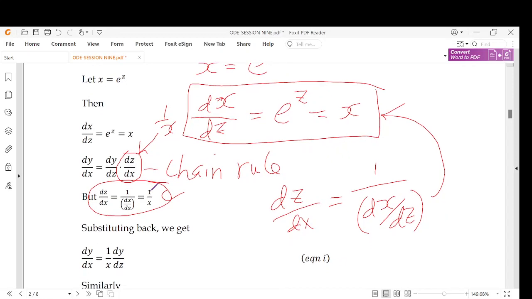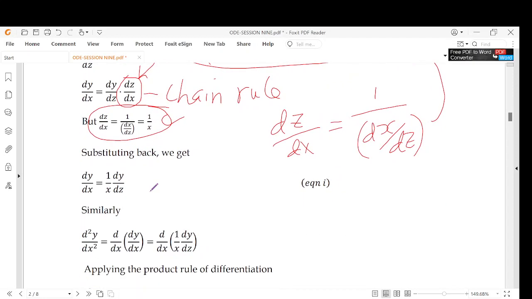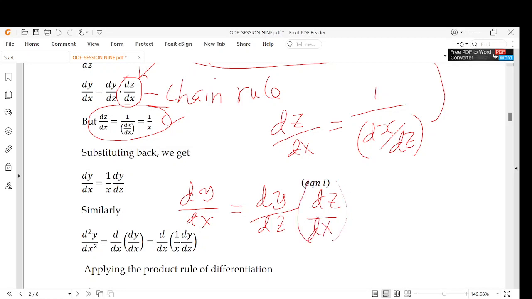So what we get is that we were having dy by dx equals dy by dz times dz by dx. But now dz by dx we replace with 1 over x, so that we get dy by dz times 1 over x.